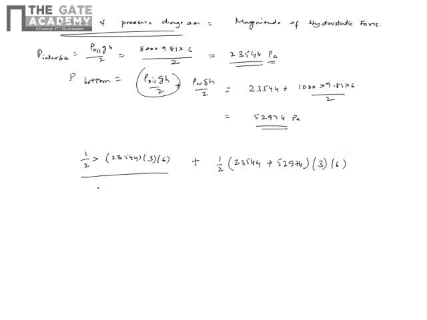This is the total volume of the pressure diagram, my total force. If I use a calculator, I get close to 9.01 into 10 power 5 newton, which is close to 900 kilonewton. Let's now look at the options.